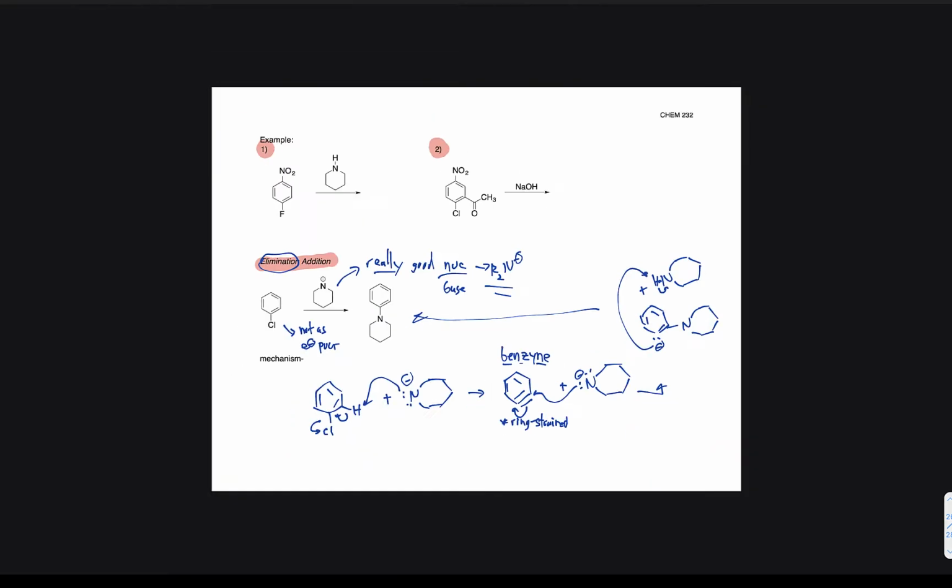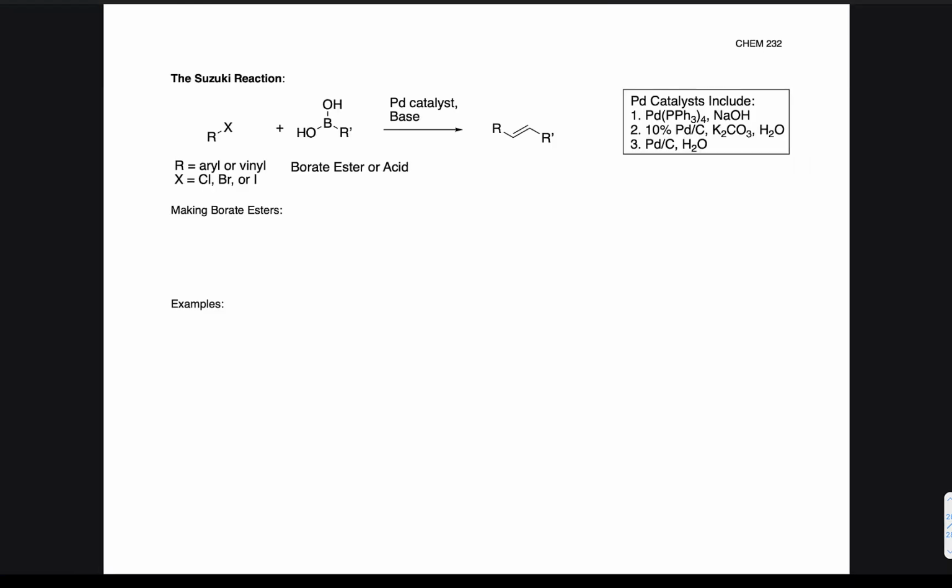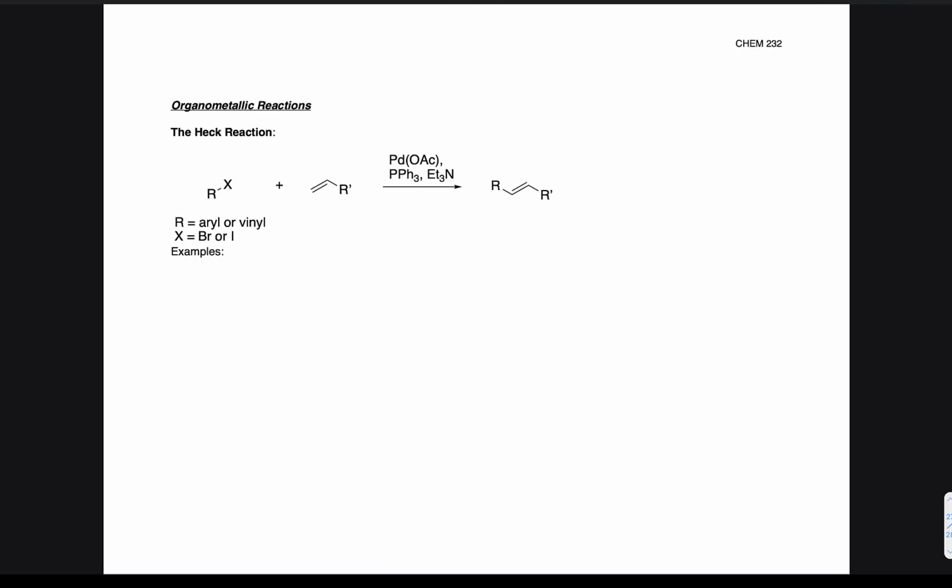Okay. So to finish off here, let's look at a couple more reactions. We're going to look at these organometallic reactions, and these are really extremely versatile, widely used reactions because they work just so well, okay?